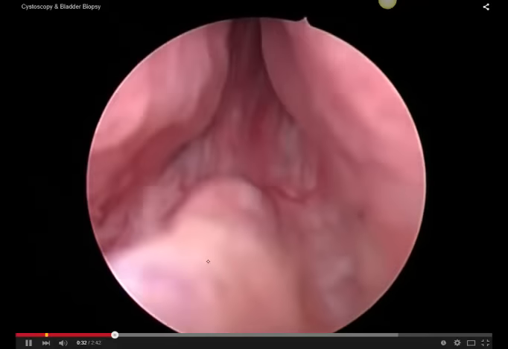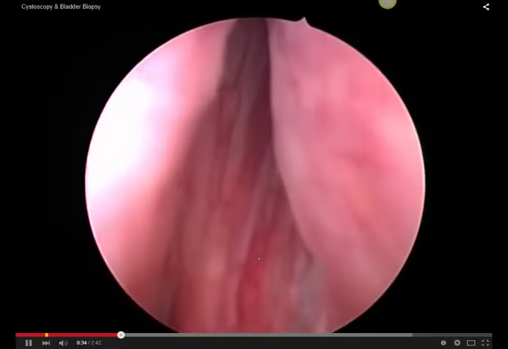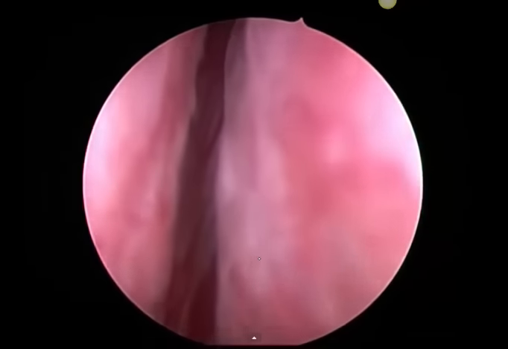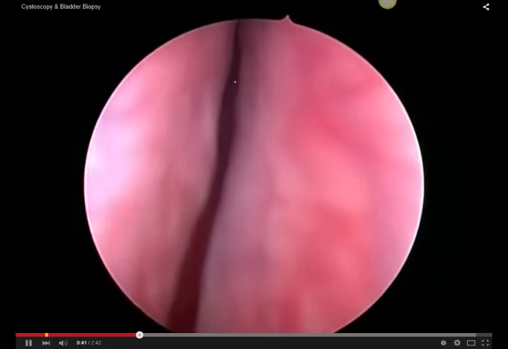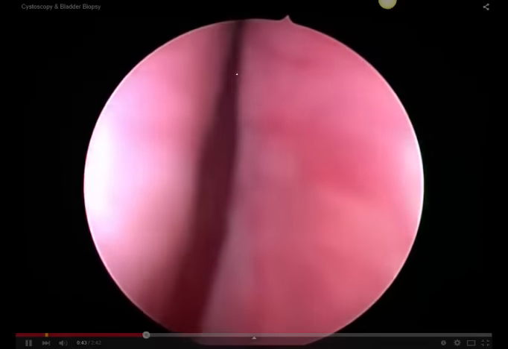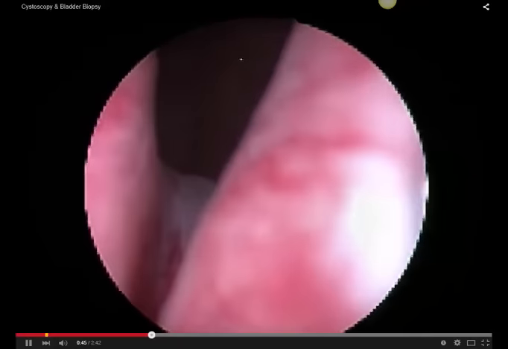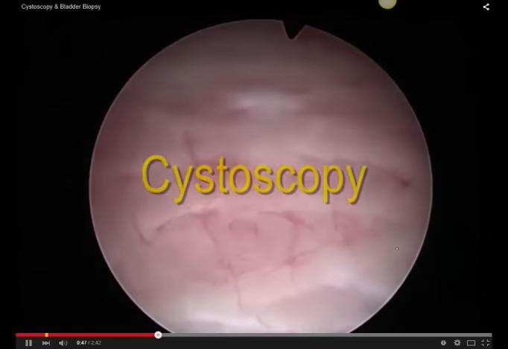This area is part of the prostatic urethra. Still in the prostate. And now you enter into the bladder.